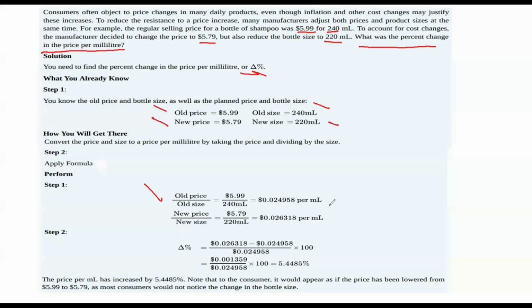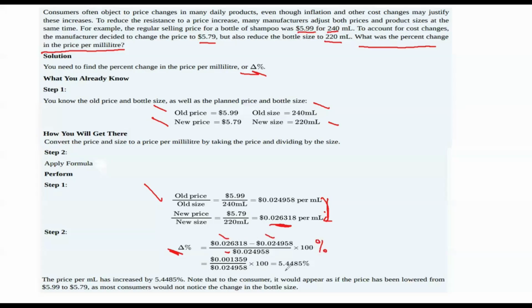And what you see is that the price has actually increased from here to here. It looks small, yes, but remember you're dealing with milliliters and you multiply that to become liters. There's a lot of increase. So your percent change now: you put in the new minus the old, over the old, times 100%.